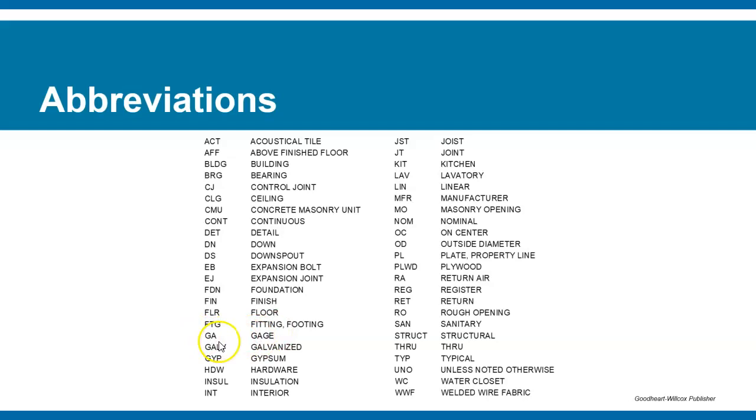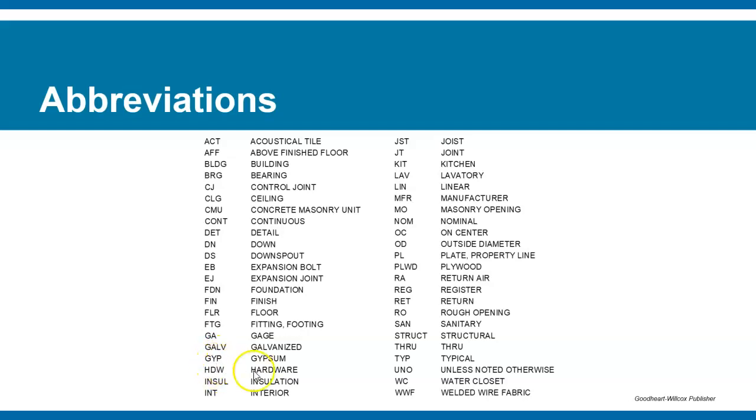GA could be the gauge, like steel. GALV, galvanized, is a coating that we see. So maybe we'd see a galvanized coating, usually on the exterior, because you're trying to protect it from the weather. So maybe a fence or a railing, that the outside would be galvanized.